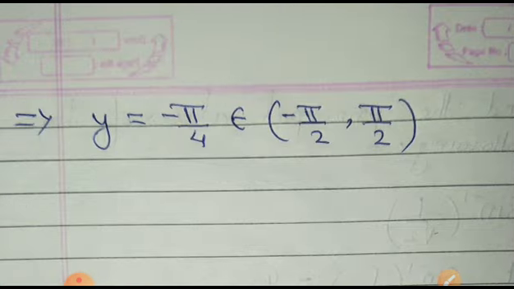So y will be equal to minus pi by 4. Yes. And that is an element of the principal value range of tan inverse, which is the open interval minus pi by 2 to pi by 2. Whenever you get the principal value, you have to check whether it is an element of that given range or not.